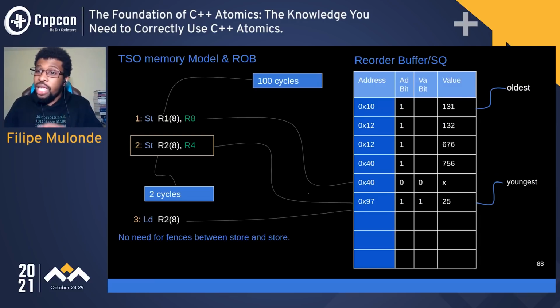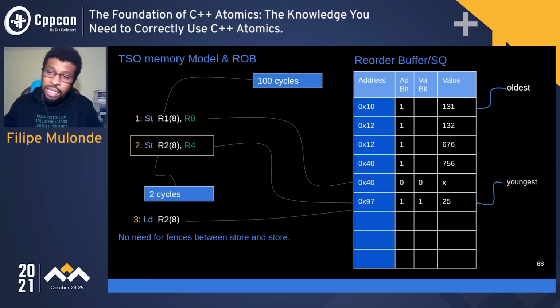But if a different thread from a different core tries to access the same memory location, right? A load in another thread that is in a different core tries to access the same address, this thread will load a different value. Why?